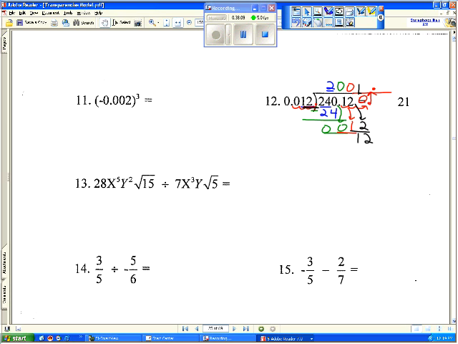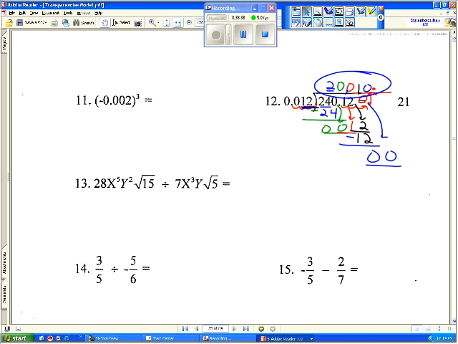And then you subtract. And then you bring down. How many times will 12 go into 0? 0. We made it to our decimal. So our answer is 20,010. Any questions on number 12? Divisor, dividend, quotient. All right.